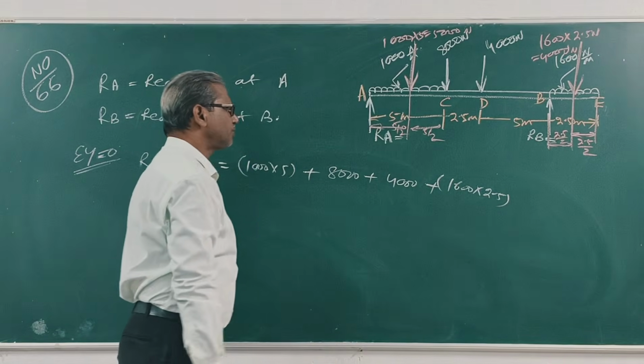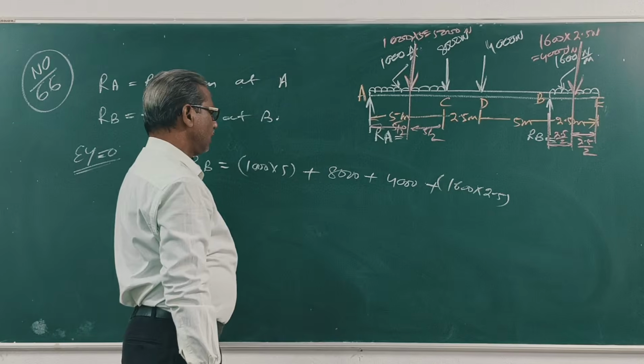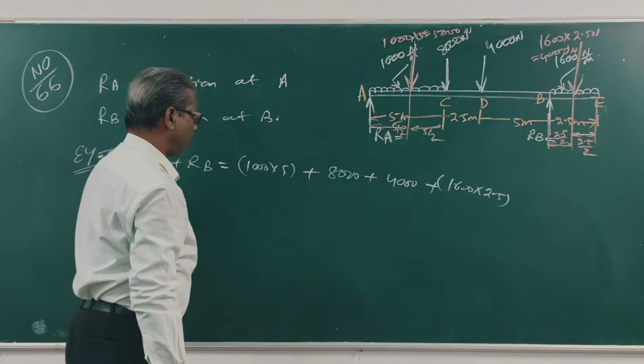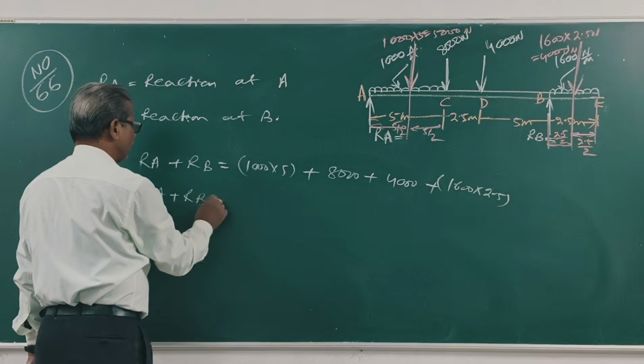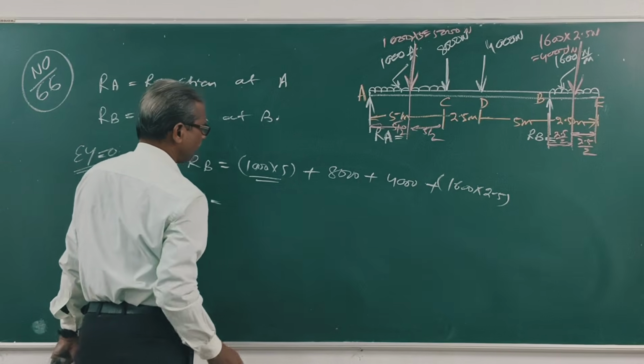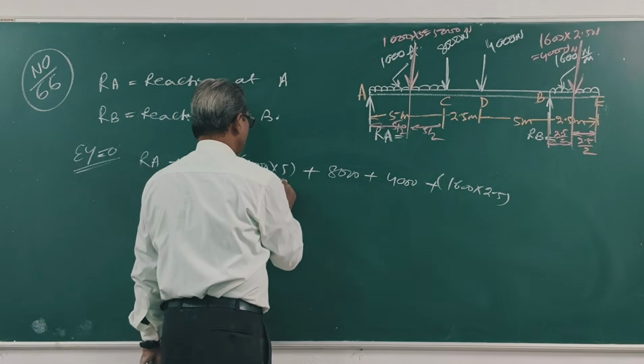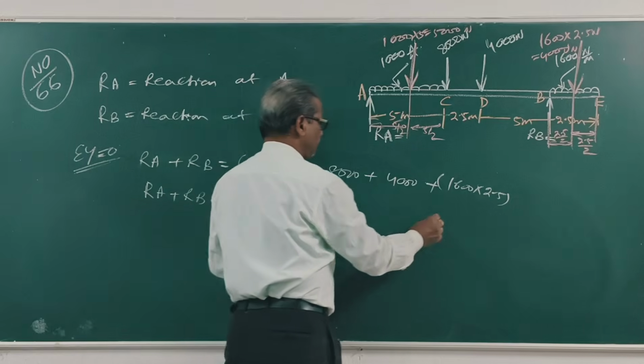Now, RA plus RB is equal to 5,000 plus 8,000 plus 4,000.